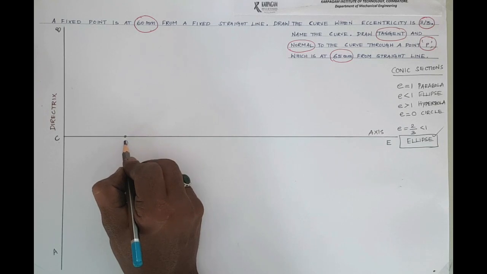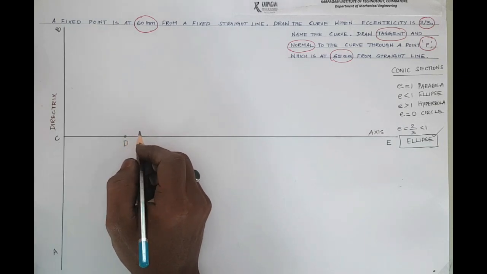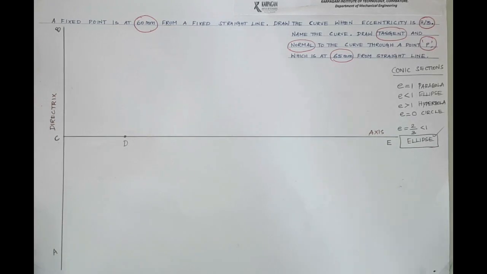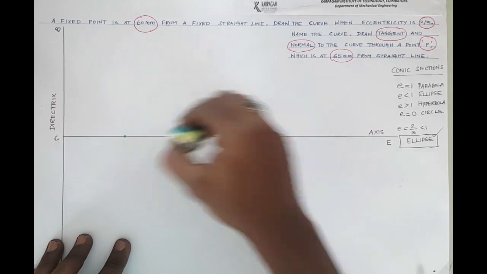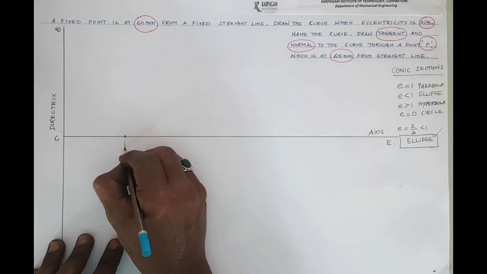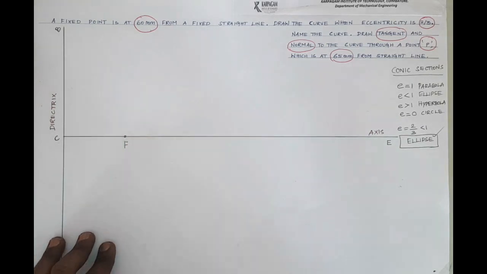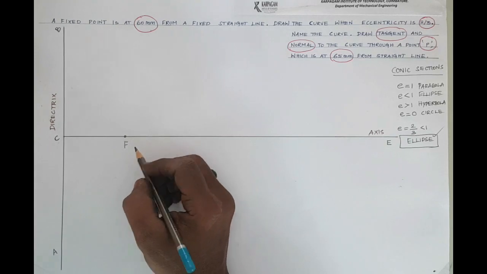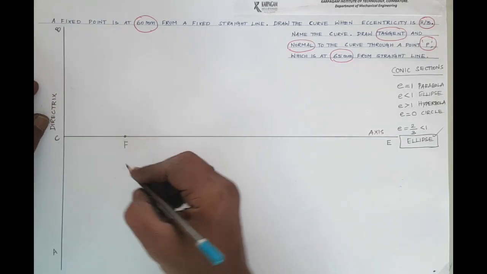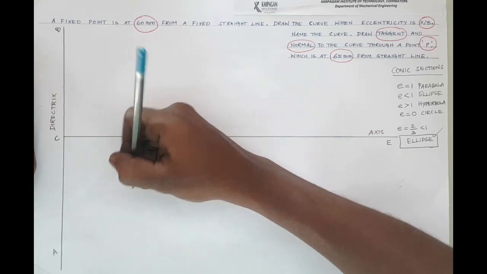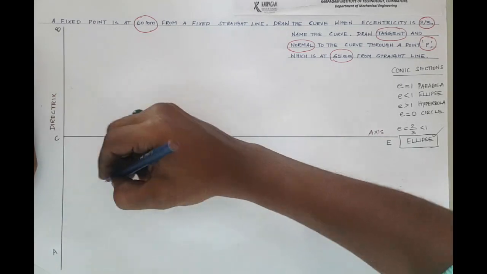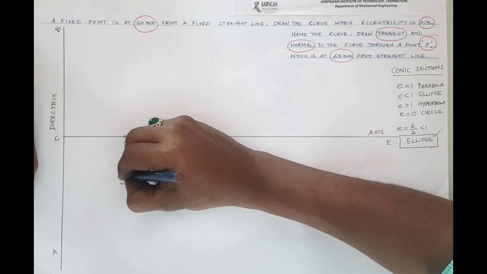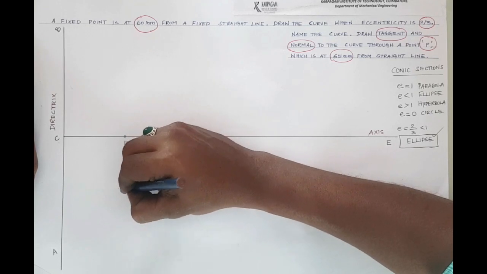And the name of the point should be marked as capital F. This F point denotes that it is the focus.